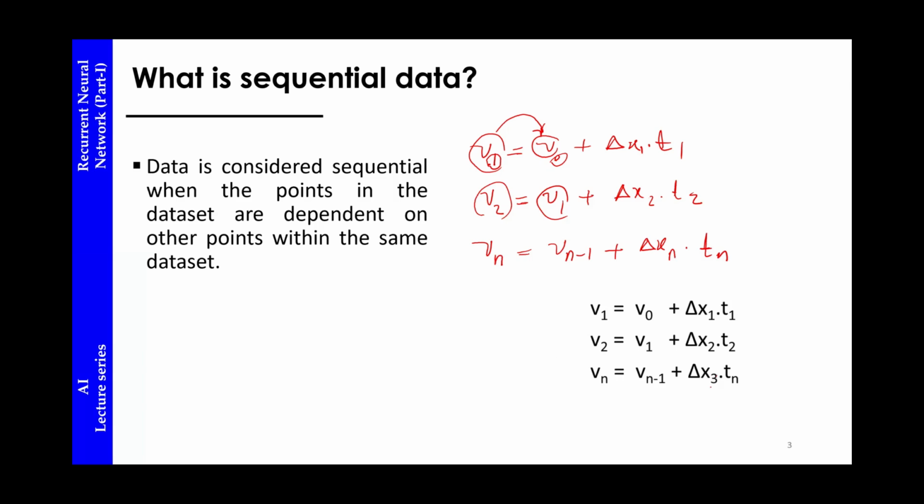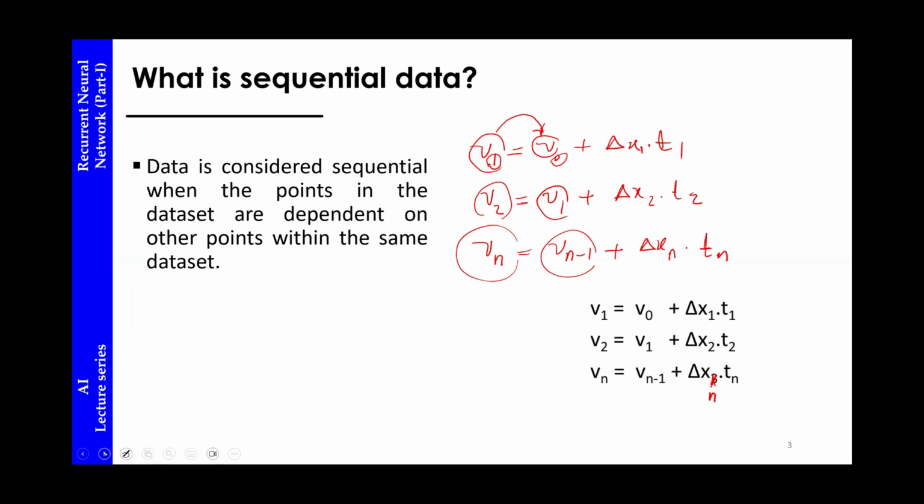Here the 3 is wrong, it should be delta x n. You see the dependency between the data points. If we are given velocity data points, we see the dependency between the data points, and we can say that this type of data is sequential data.